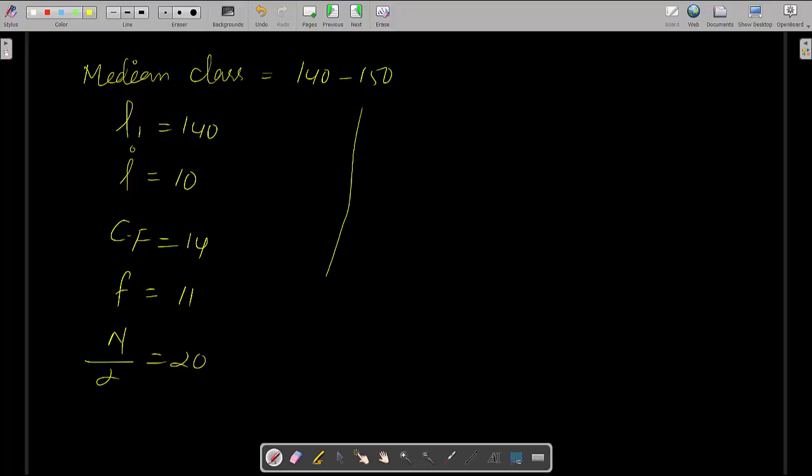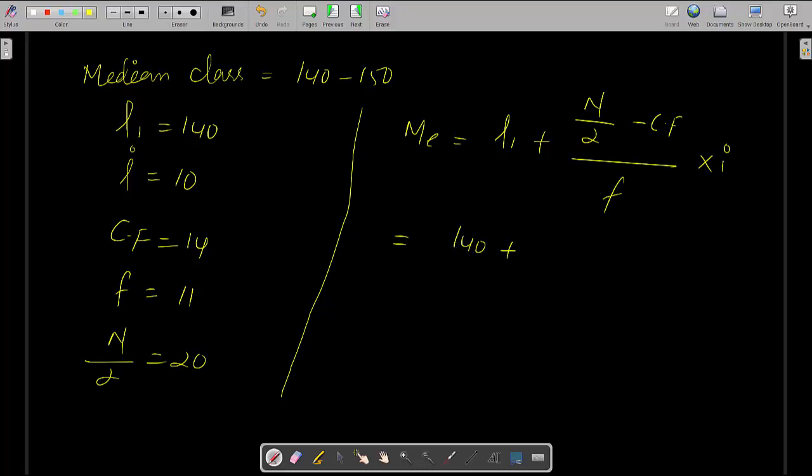Now let's put all this in the formula. Median is equal to L1 plus n by 2 minus CF by F into I. So L1 is 140 plus n by 2 is 20 minus our CF is 14, by F is 11, into I is 10. So 140 plus 20 minus 14 will be 6, right? 6 into 10 will be 60 by 11.